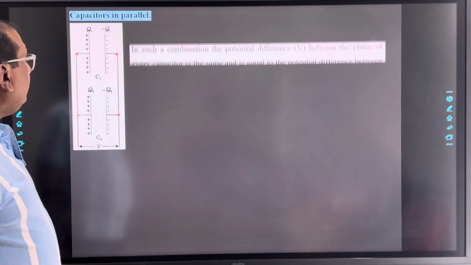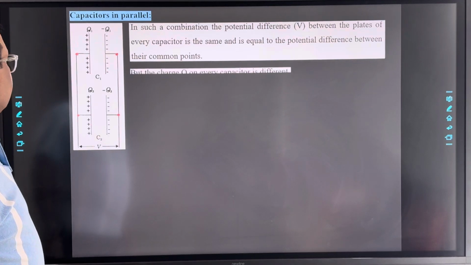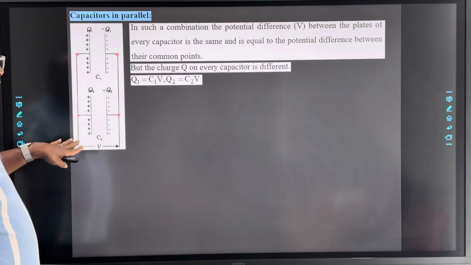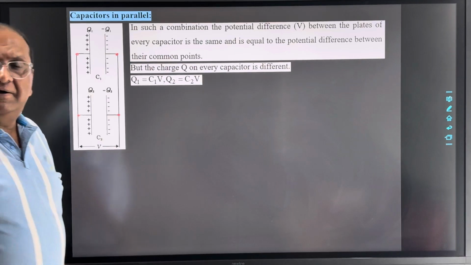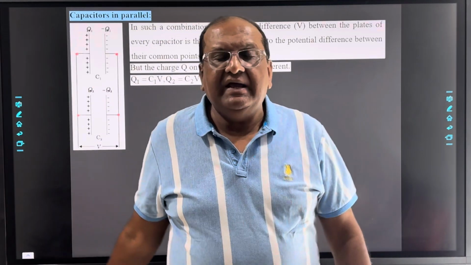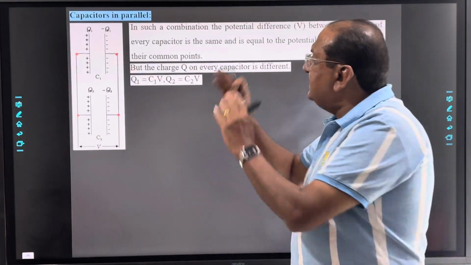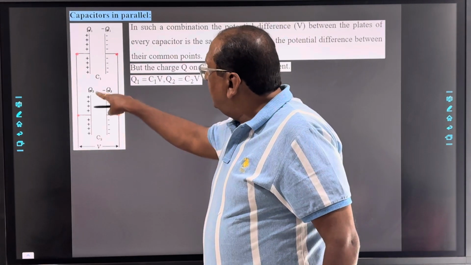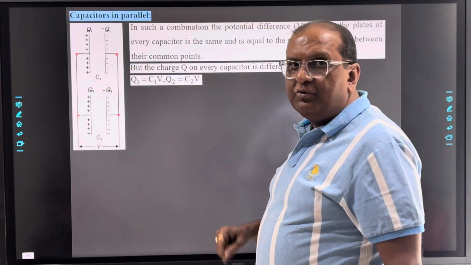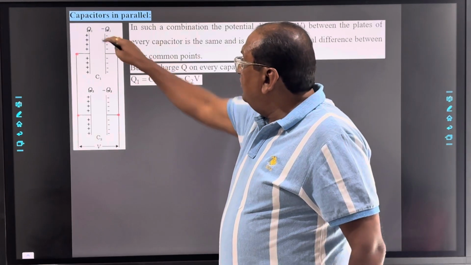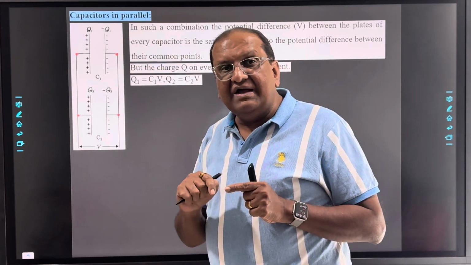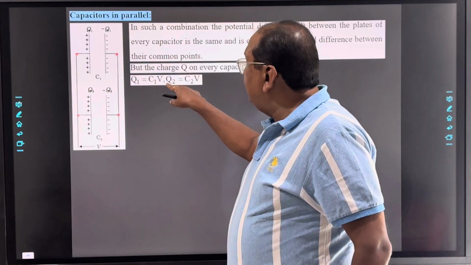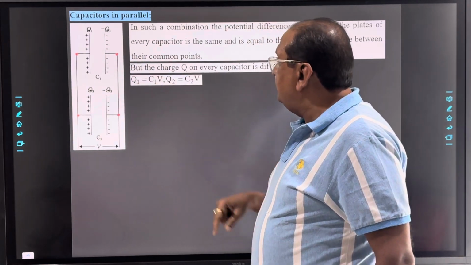Clear? So here we can write the net charge Q supplied by the supply or the battery to this entire combination: Q equals Q1 plus Q2, where Q1, now C is Q by V, so Q is CV, so Q1 is C1V, Q2 is C2V.